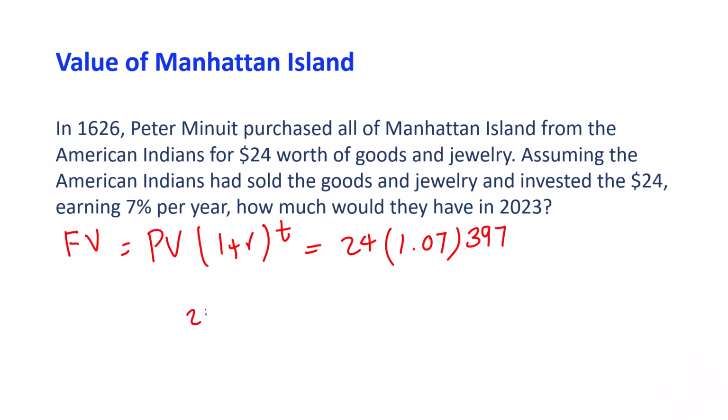So it's 2023 minus 1626, so we have 397 years. So let's just do this on a calculator first.